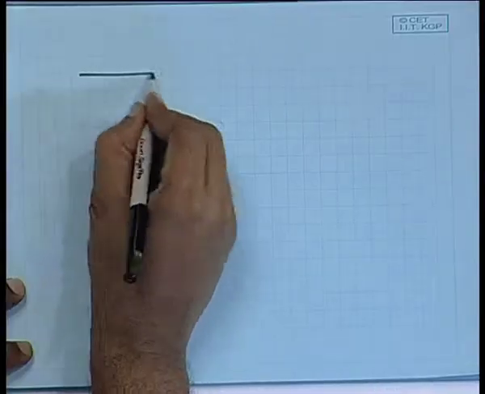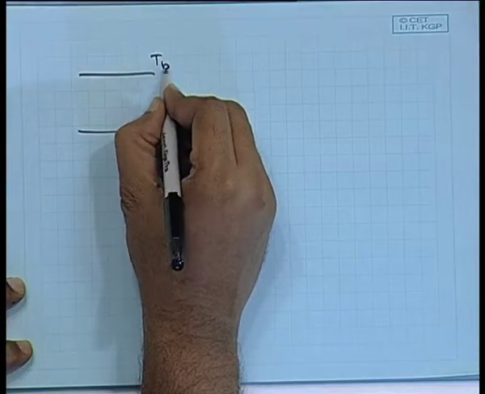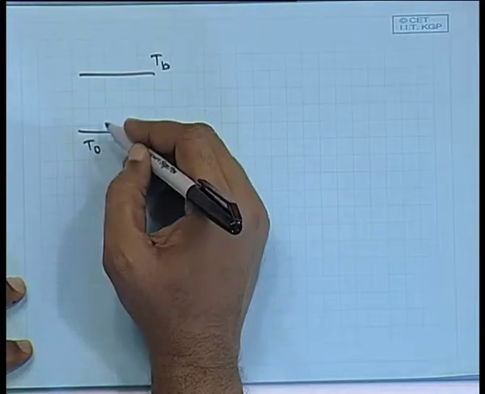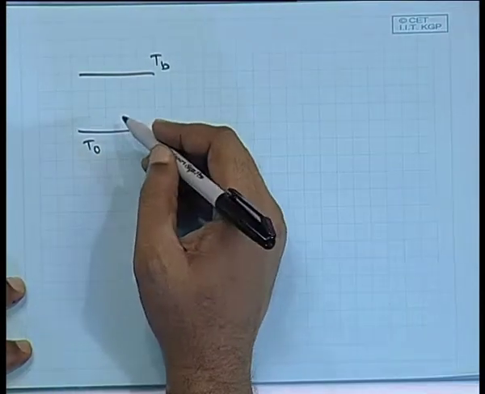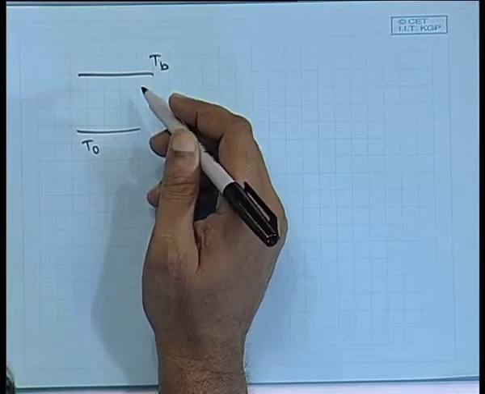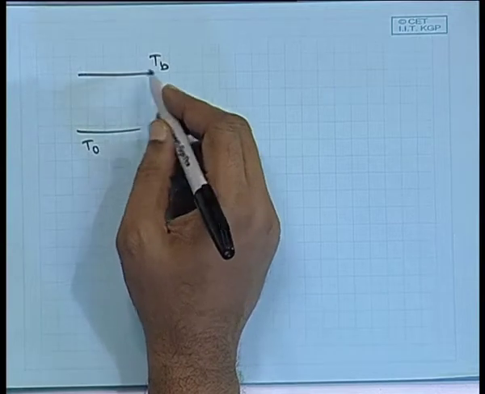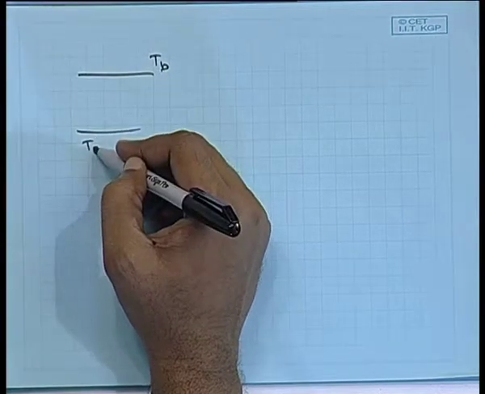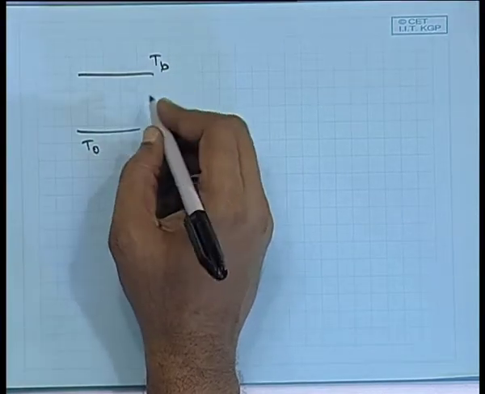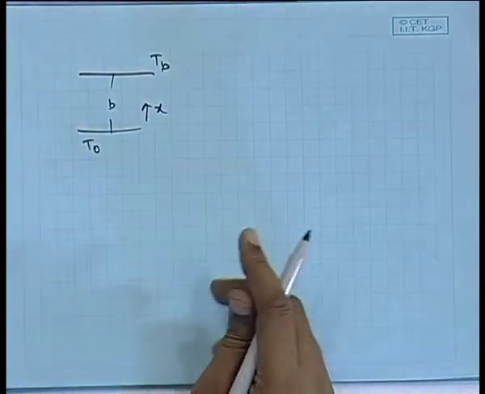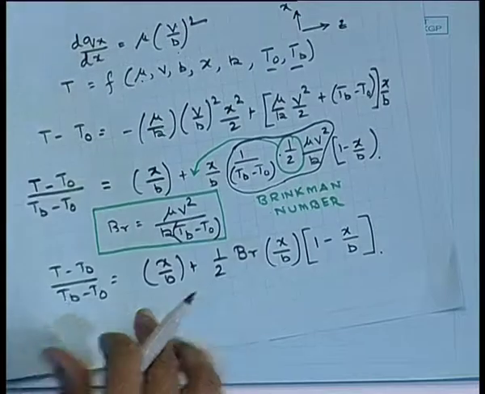Right now, my system is that I have two plates, one at Tb, the other at T0, and one of them is greater than the other, and there is some sort of a temperature profile which is prescribed by the equation that we have just derived. But if I have to find out whether a maximum in temperature exists in between these two, this is my x, the total is b, what would you do with the temperature profile that you have?